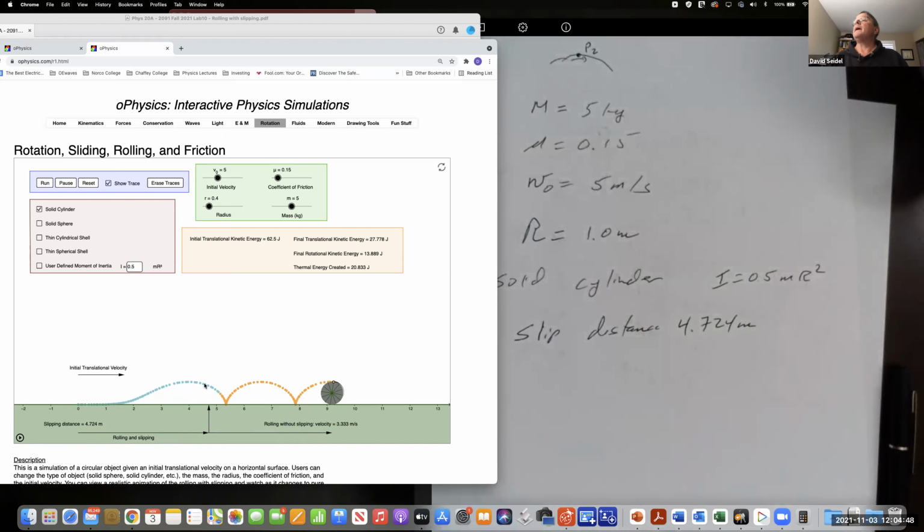Okay, it makes more rotation. Orange is no slipping, blue is slipping, distance is 4.724. So it makes more rotation, but does not change the slip distance. Drive this all the way down to 0.1.